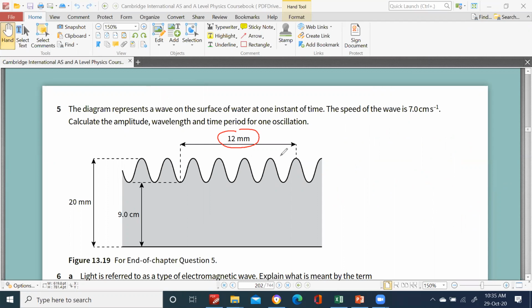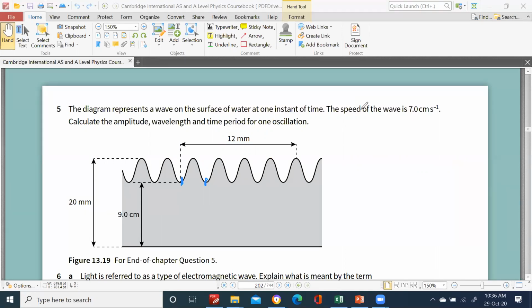So from this side, to the other trough is 1 cycle. If you can write on the screen, please do. If you can't, then let me write. Okay, so from here till here, that is 1 cycle.